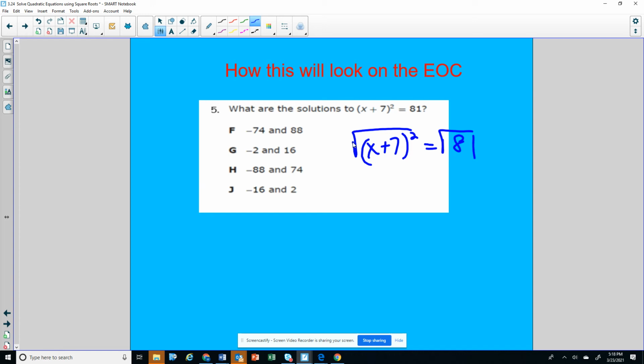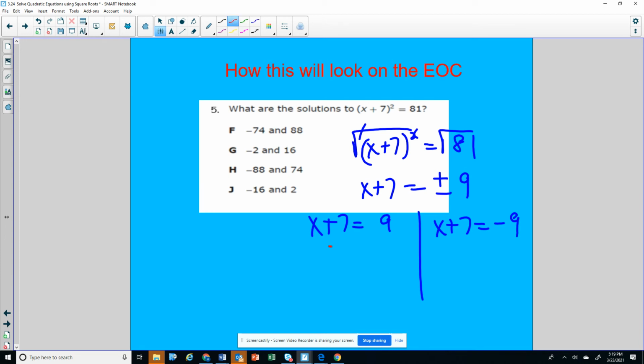The square root cancels the 2, so all I'm left with is x plus 7. But on the right side, the square root of 81 is two numbers. It's a positive 9 and a negative 9. Okay? So I'm going to have two equations now. I'm going to have x plus 7 is equal to 9, and x plus 7 is equal to negative 9.